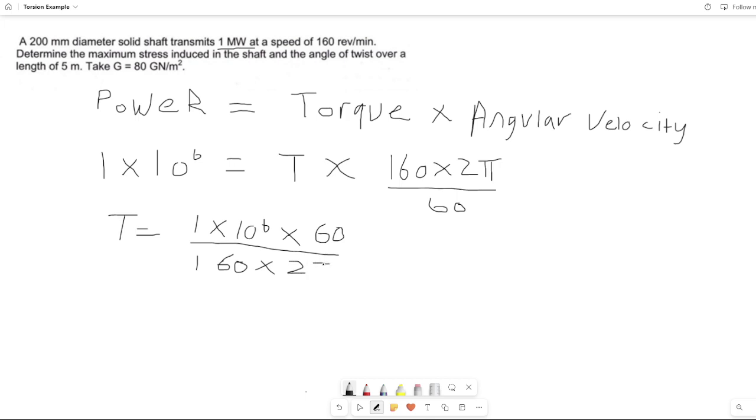So if I quickly just do this on my calculator, that gives us a torque of 5,959,683 Newton meters.